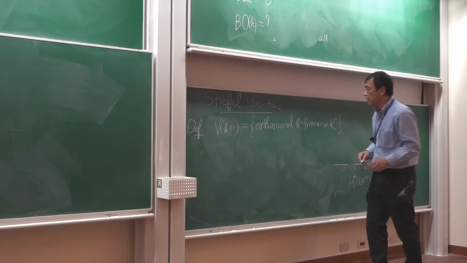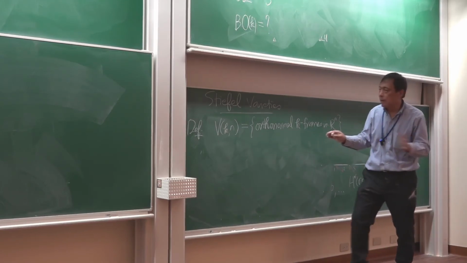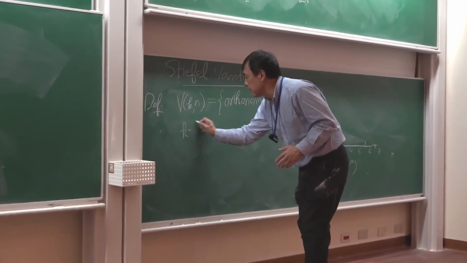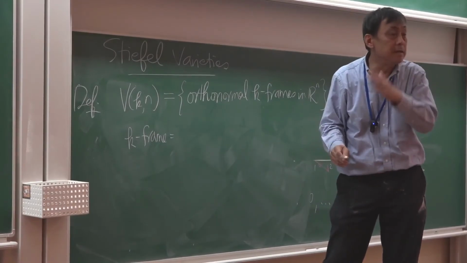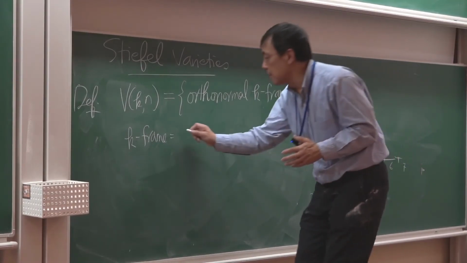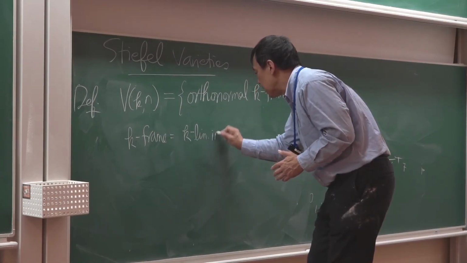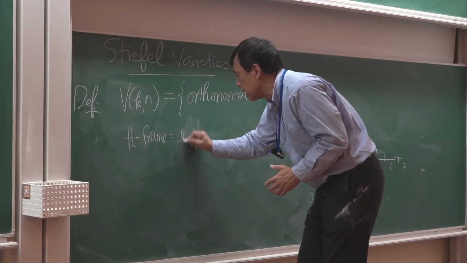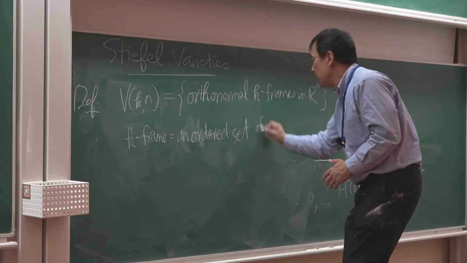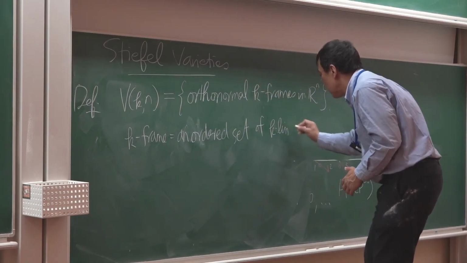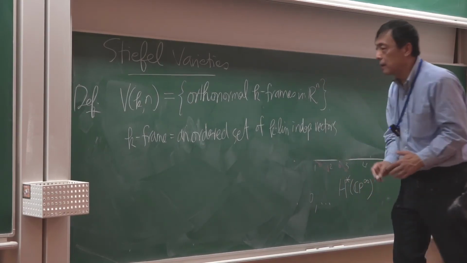Now what's a K-frame? A K-frame is just an ordered set of K linearly independent vectors.